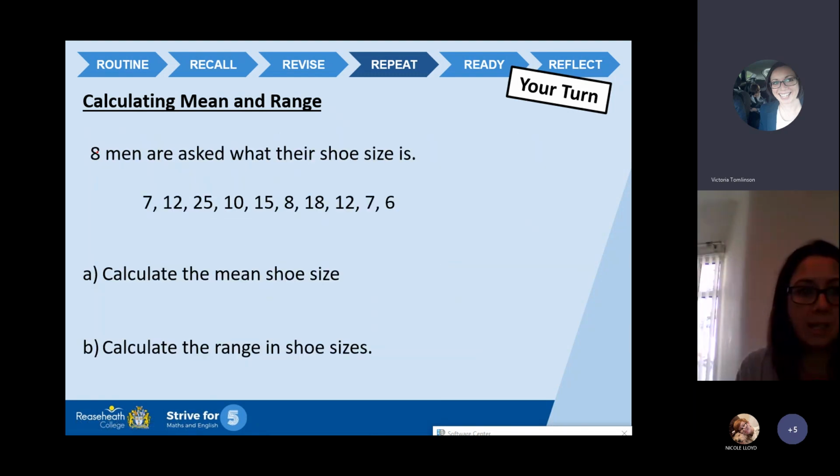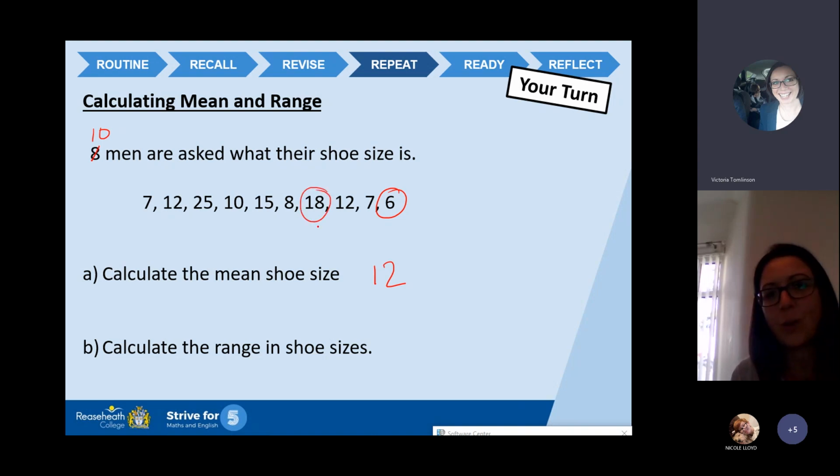Like we just discussed, this is actually 10 men, so it doesn't really make a lot of sense, but the mean size is 12, and the range in the shoe size, the smallest shoe size on there is 6, and the biggest, I don't even, what? It doesn't even make sense, this question. They don't have size 18 shoes, can you? That's ridiculous.